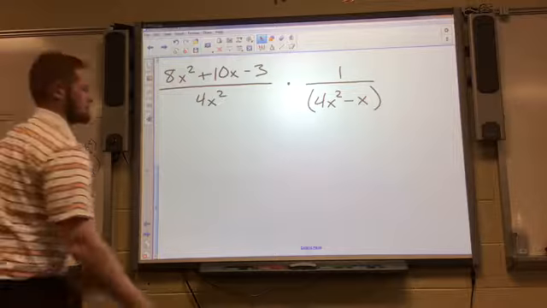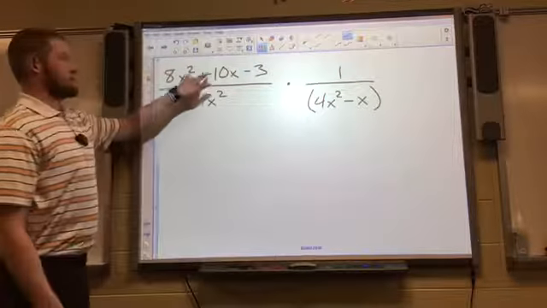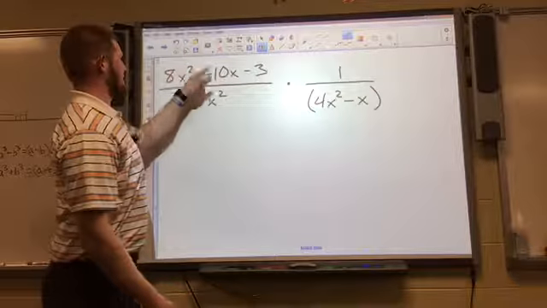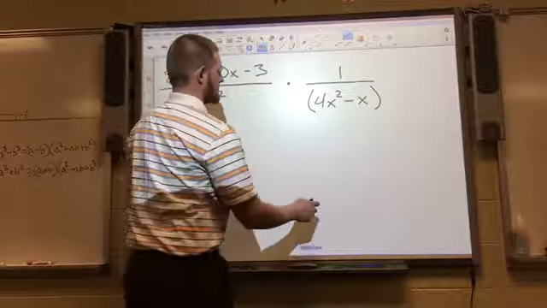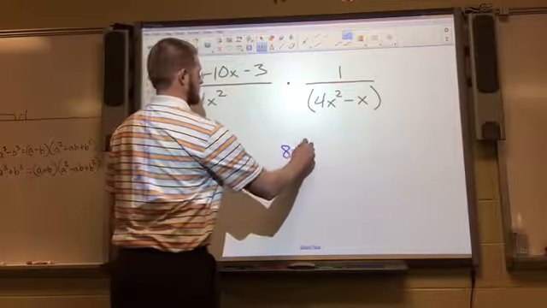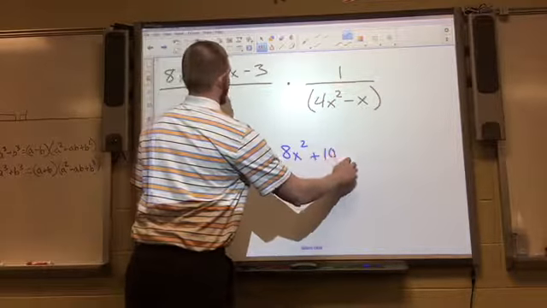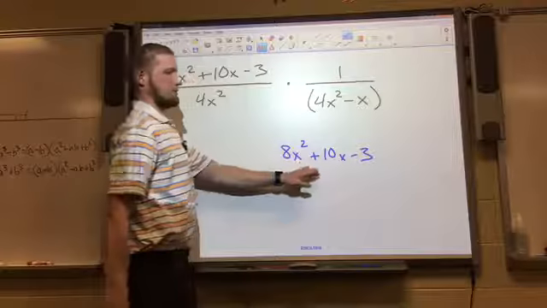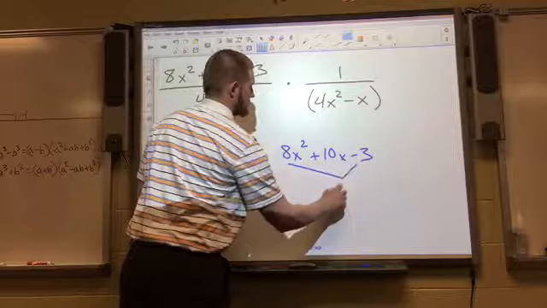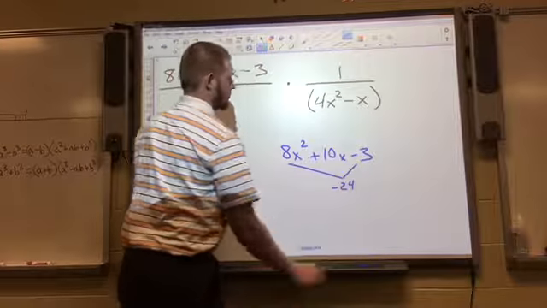So now I can go through the same process. Now this is a little bit more challenging to factor, because I can't take anything out of all of them. So I'm just going to write this down here real quick. I'll erase it in a second. How do I factor this? Negative 3 times 8, which is negative 24.